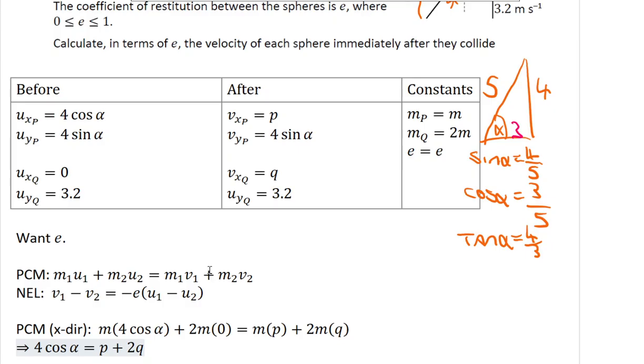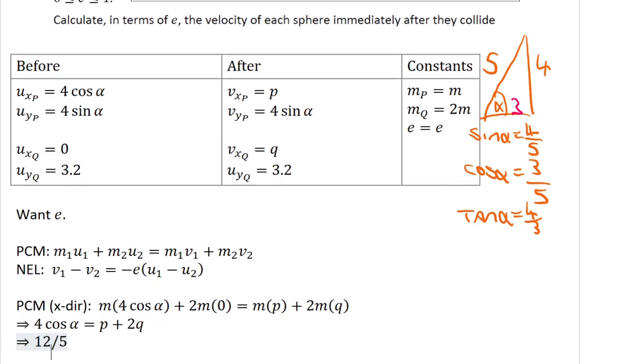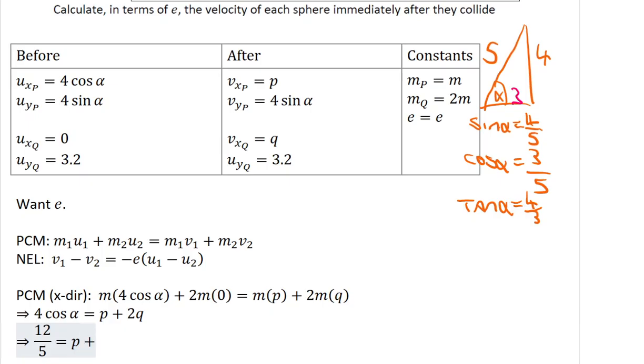We know what cos alpha is. Totally forgot, we've written it down there as 3/5. So this means that 4 by 3/5, 12/5, equals P plus 2Q.